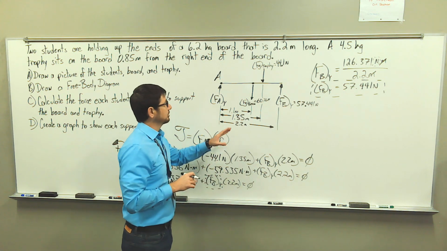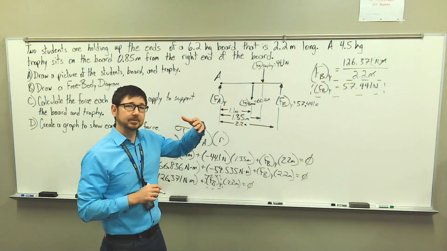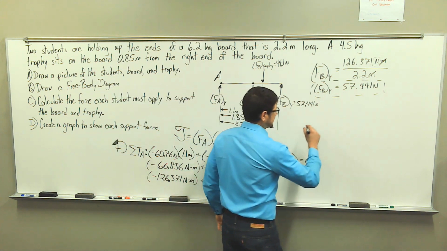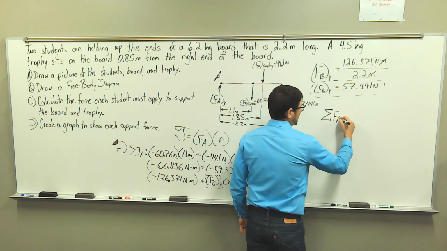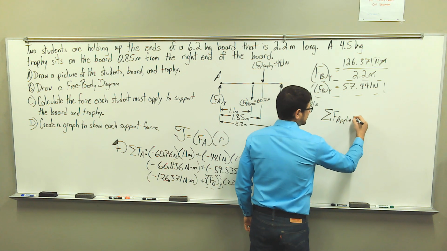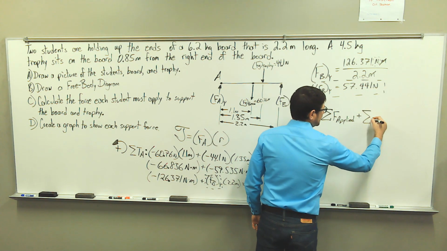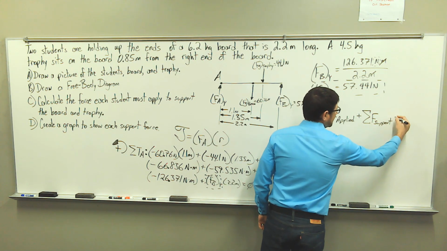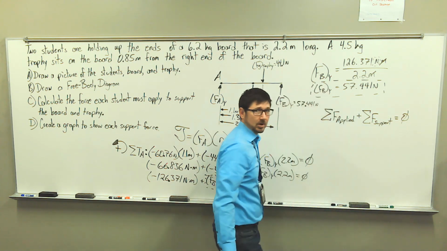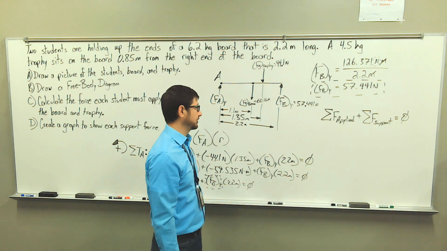And since our beam is in a state of equilibrium, we can come up with an equation that says the sum of our applied forces plus the sum of our support forces must equal 0, since we're in a state of equilibrium, okay?